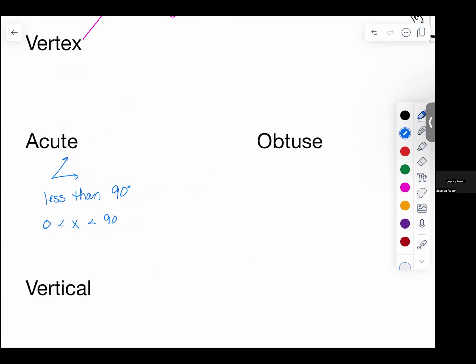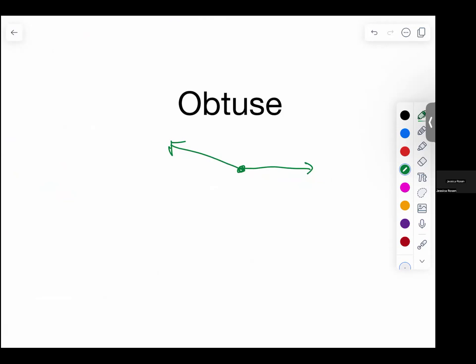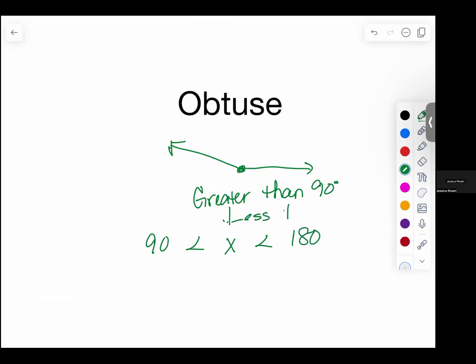An obtuse angle is going to be a big fat angle. Again, 2 rays and a vertex. And it's going to be greater than 90 degrees. That is going to be an obtuse angle. So again, it's any number between, so that's why it's between the inequalities, 90 and 180. So it's greater than 90, but less than 180.